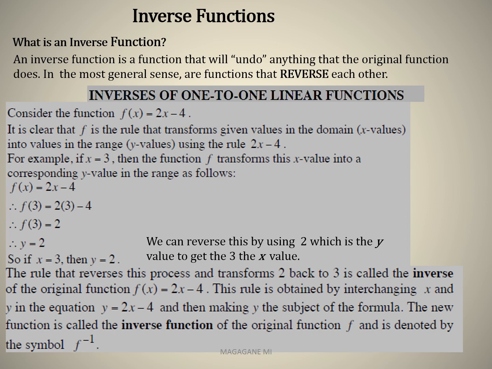The new function is called the inverse function of the original function f and is denoted by the symbol f inverse. It's important to note that the negative 1 is not an exponent. It represents the inverse of f.